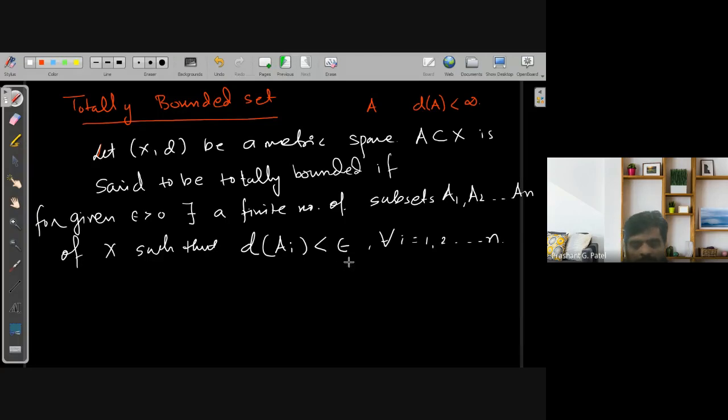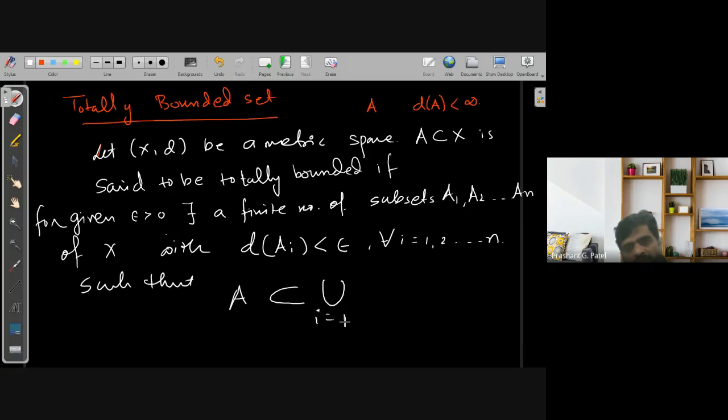Such that A is covered by the union of these sets. So it says that A is covered by this union of the Ai, whose diameter is finite.